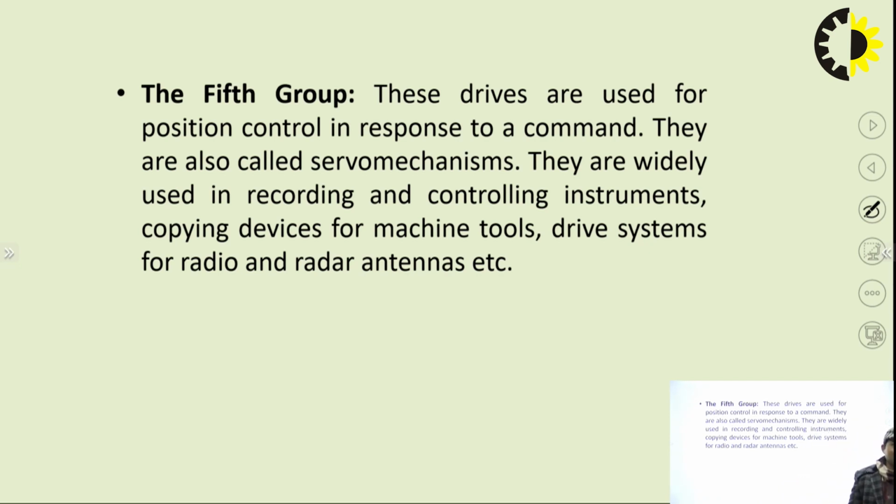They are widely used in recording and controlling instruments, copying devices for machine tools, drive systems for radio and radar antennas, etc.